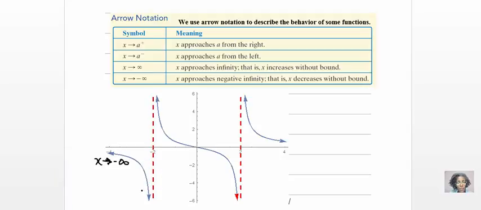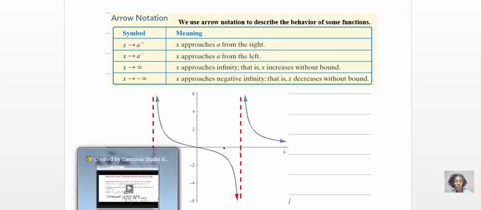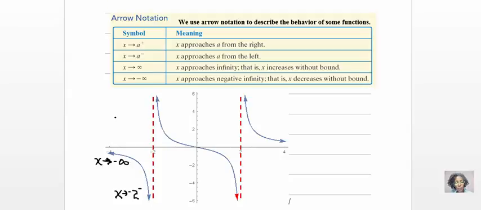Here we see that x is approaching negative 2 from the left. So notice that's how we would write that. x approaches negative 2 from the left.